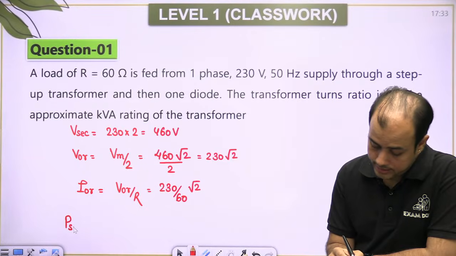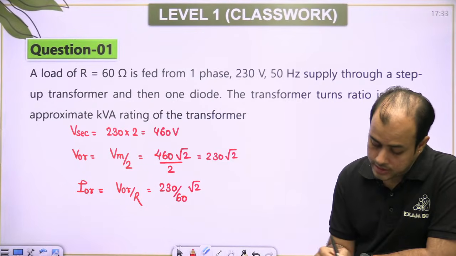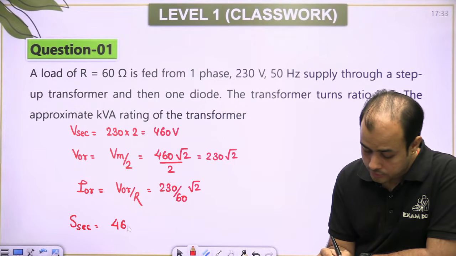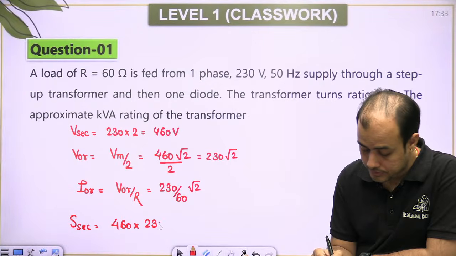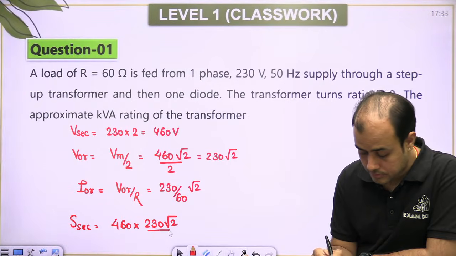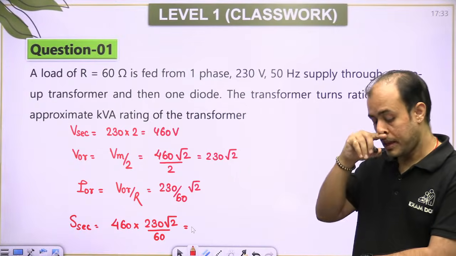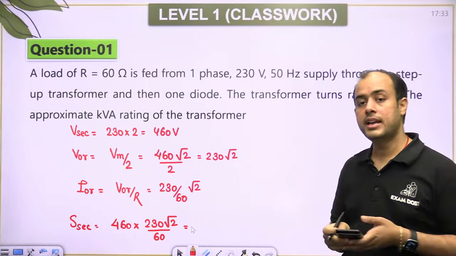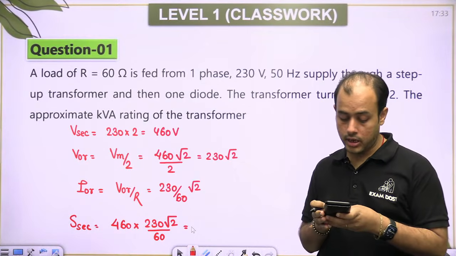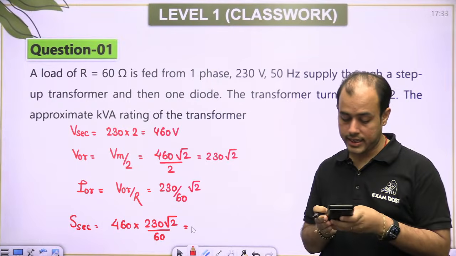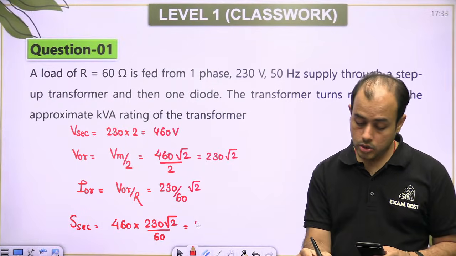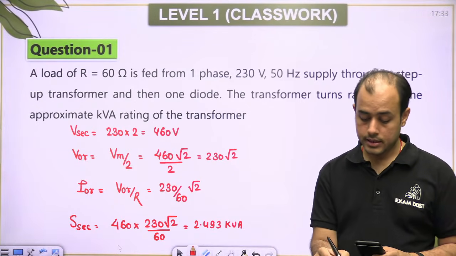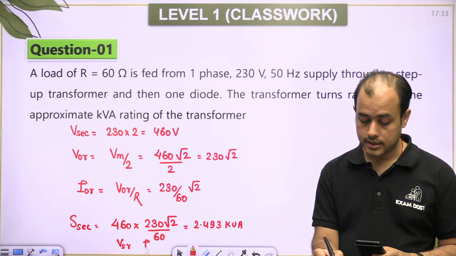Power at the secondary. आप देखो सेकेंडरी से निकालो पावर या प्राइमरी से क्या फर्क पड़ता है, 460. है ना. ट्रांसफॉर्मर हैज इक्वल पावर ऑन बोथ द साइड्स, so I'm calculating on secondary because my entire rectifier is on secondary side. 2.493 kVA. ठीक है, that is VSR ISR.